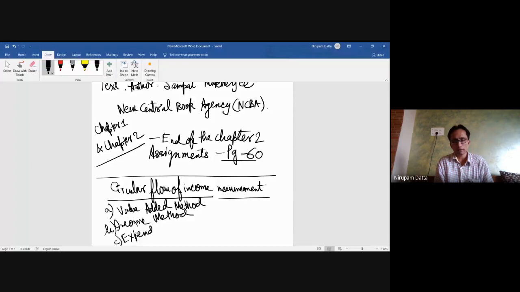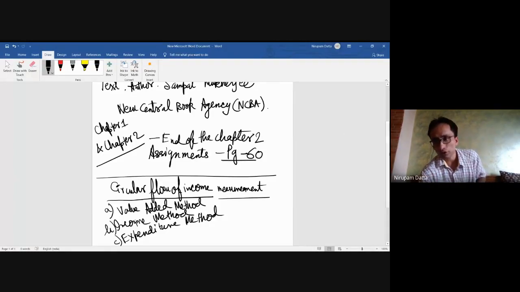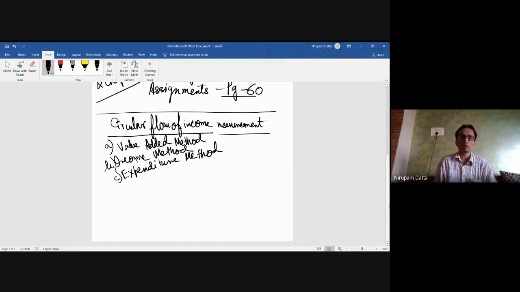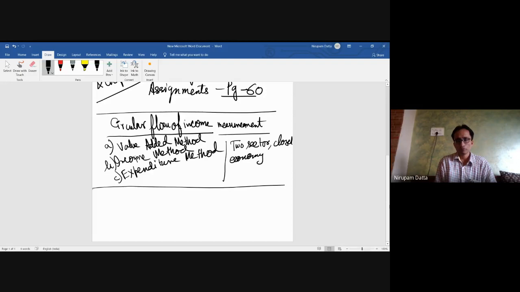Using the diagram, you can show the equivalence between all these three methods of measuring national income using the two-sector economy, closed economy without government.